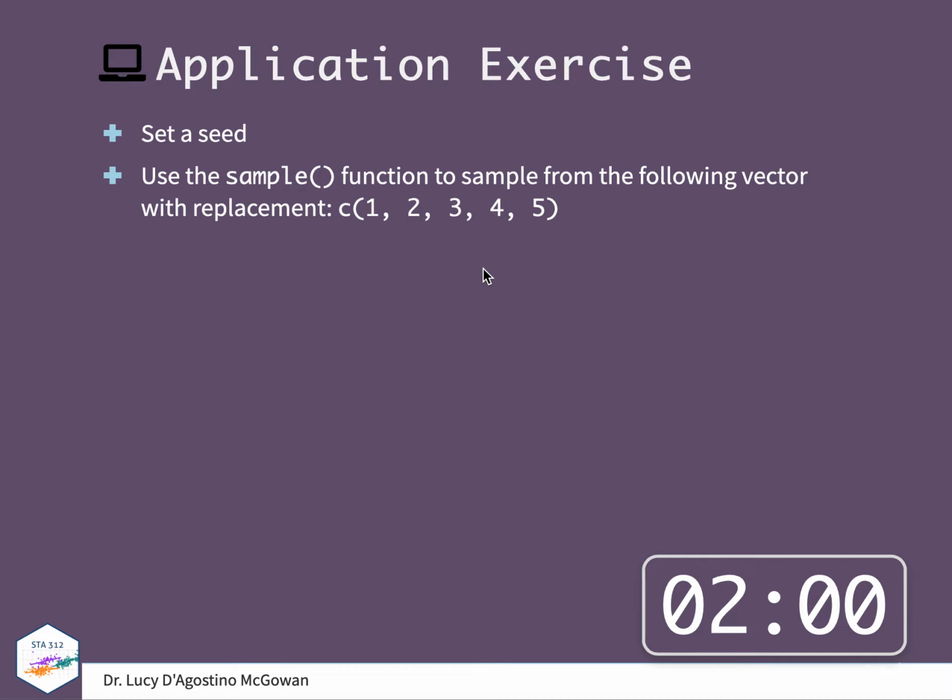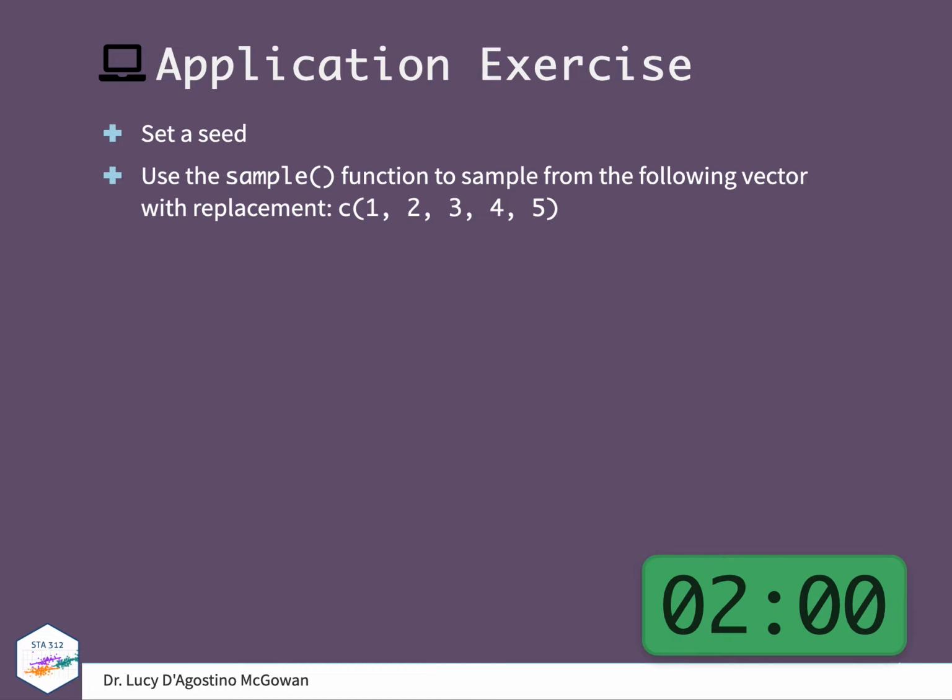Okay, so let's do a quick application exercise. I want you to first go ahead and open an RMD file, and I want you to set a seed, and then I want you to use the sample function to sample from the following vector with replacement. So I want you to sample from 1, 2, 3, 4, 5. I'm going to give you a couple minutes to work on that.